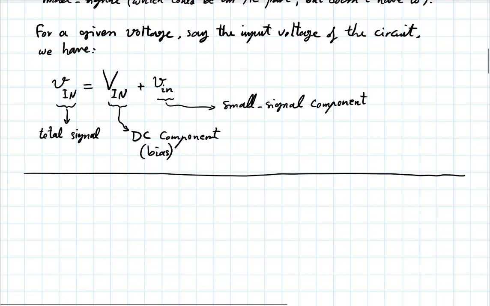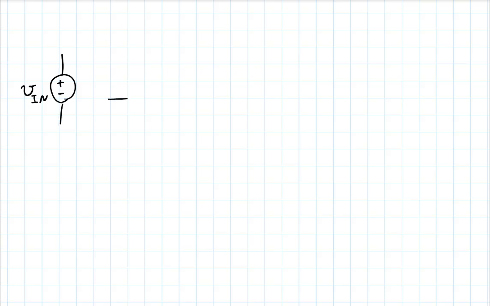I'm saying that I have an input somewhere in the circuit that I've called small v, capital N, like this, but I think of it as the equivalent of this and this.